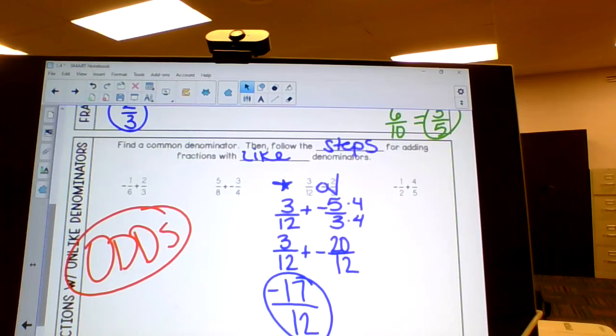You are doing 1, 3, 5, 7, 9, 11, 13, 15. So those are the ones you are doing, the odd ones.